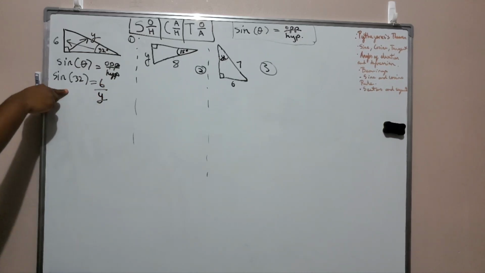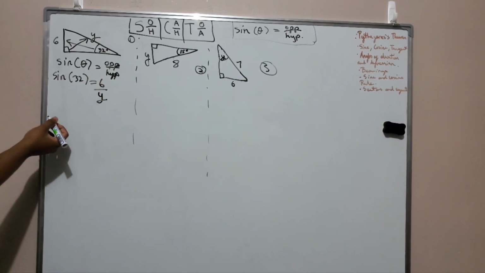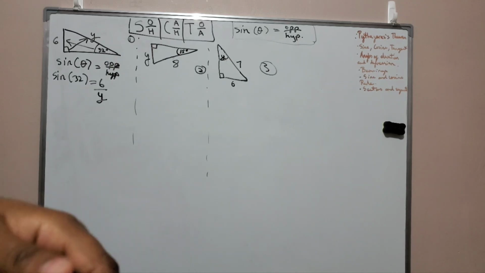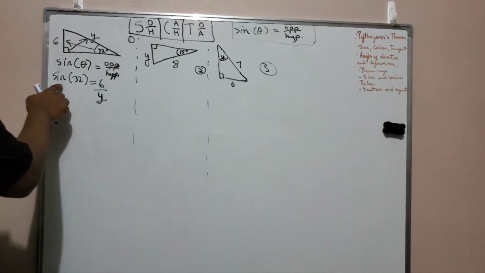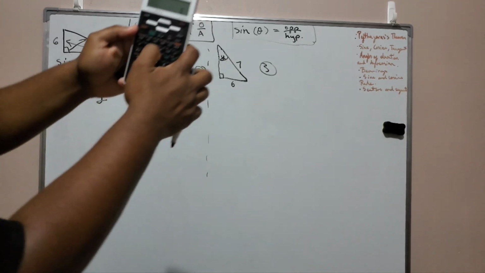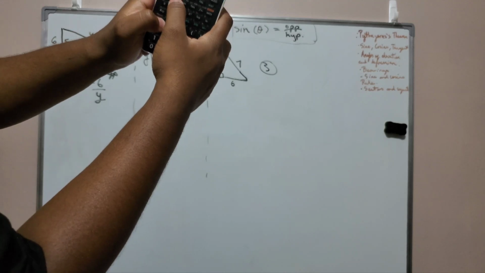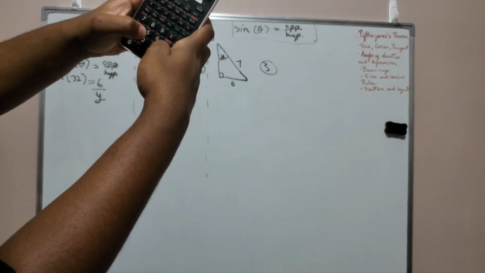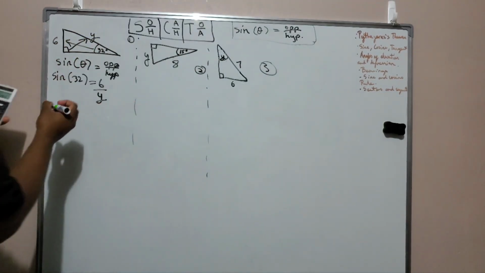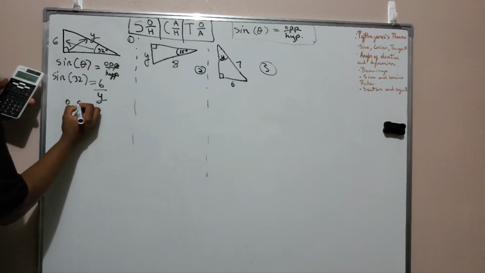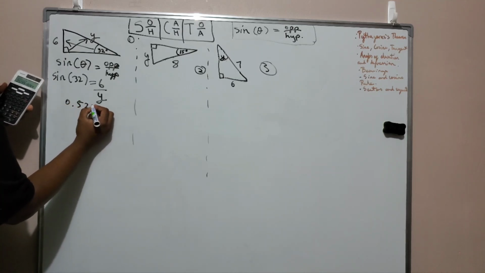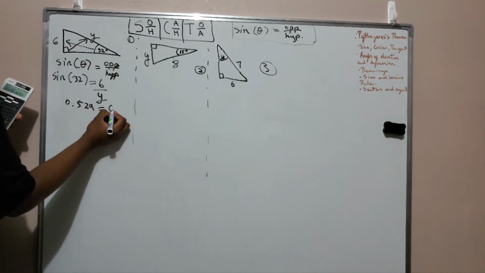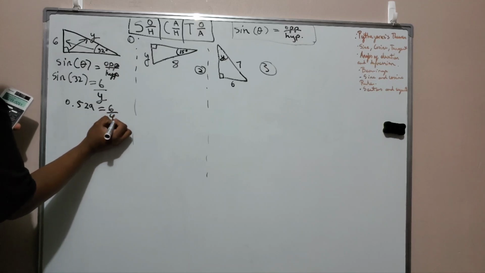We're solving for this. This is just algebra from here. First you compute sine of 32, which you can find on your calculator. Sine of 32 is 0.529, which equals 6 over y.